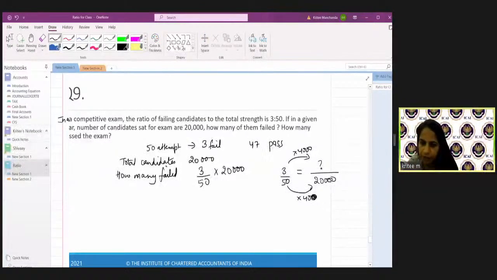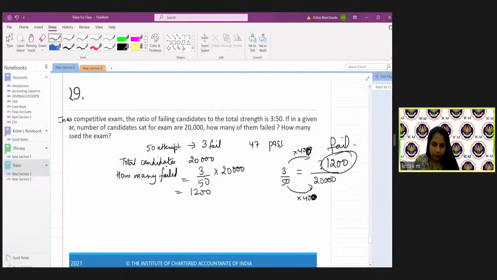It's 50, then 400. So 1,200 candidates will fail. This is one of the ways of doing it. The other way is you just solve this ratio and you get 1,200. So 1,200 candidates would be failing.